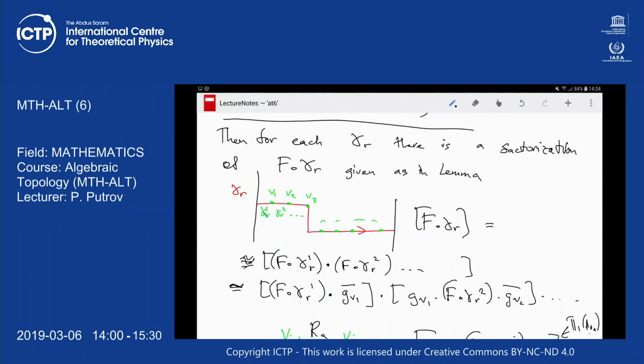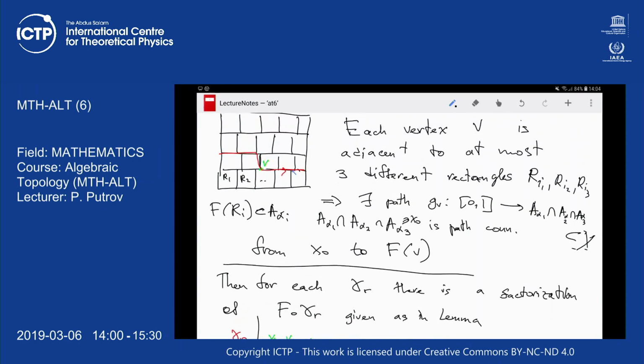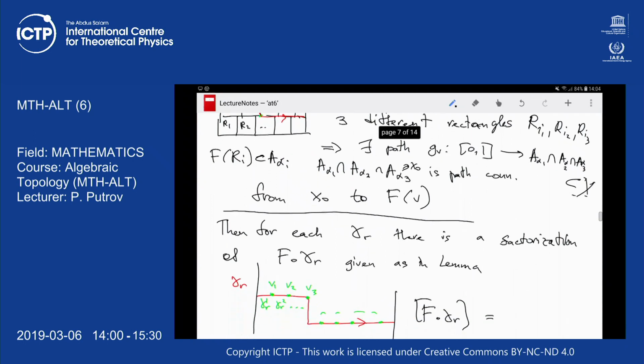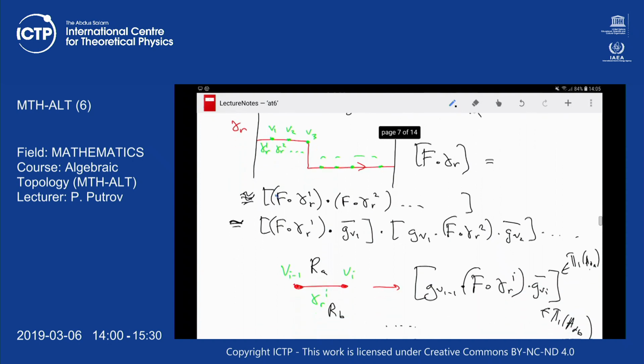And then we consider a certain path in this square which connects the left edge to the right edge, and any such path we factorize using vertices and chosen maps g_v from x0, the base point of X, to the image of this vertex under the map f.